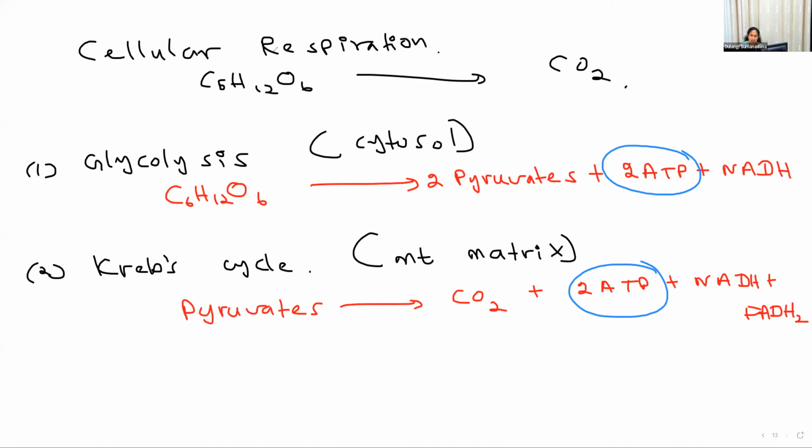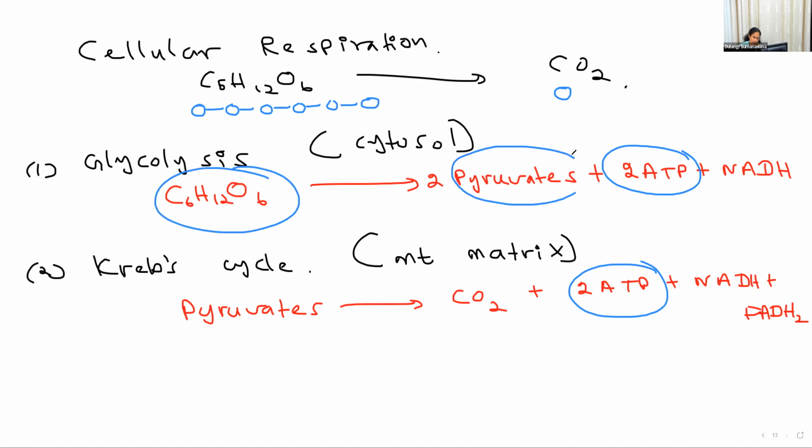So when I started the cellular respiration, I said I'm going to break down this 6-carbon compound until it becomes carbon dioxide. Right? So after the carbon dioxide is formed, you can't further break down the carbons, right? You can't break an element. Carbon is the final element. So the glycolysis, we broke the carbons until it becomes 3-carbon.